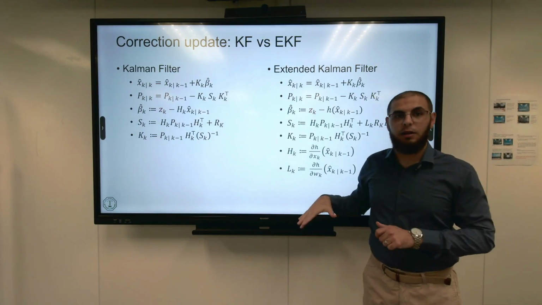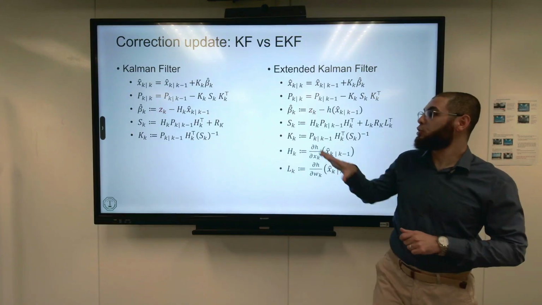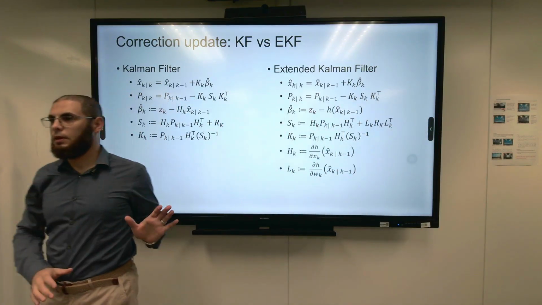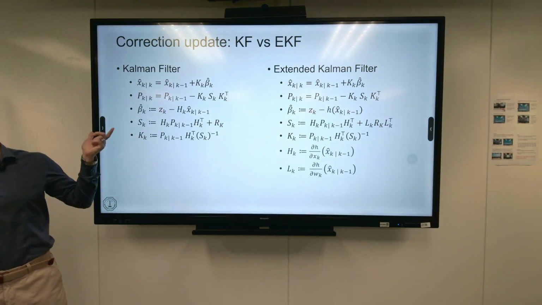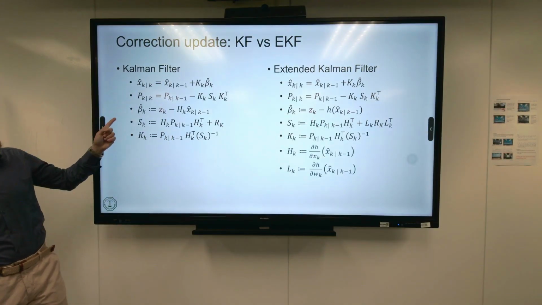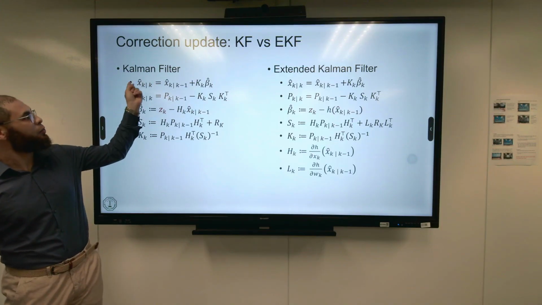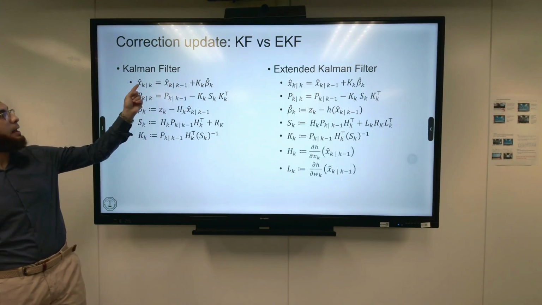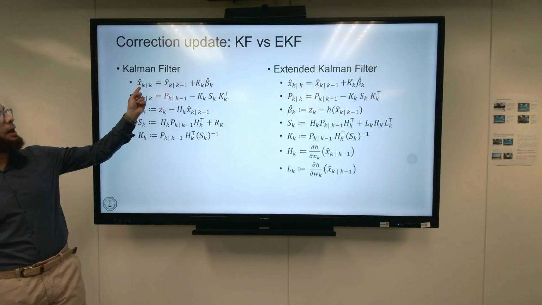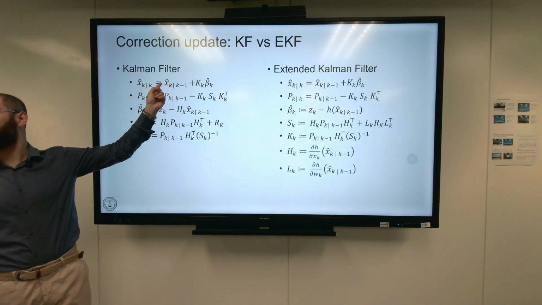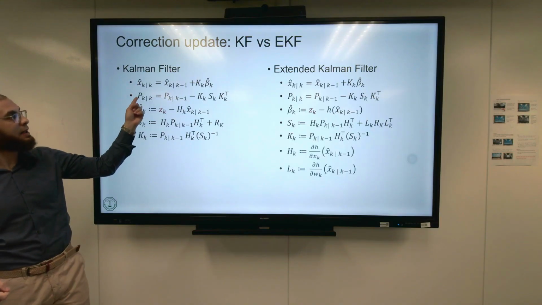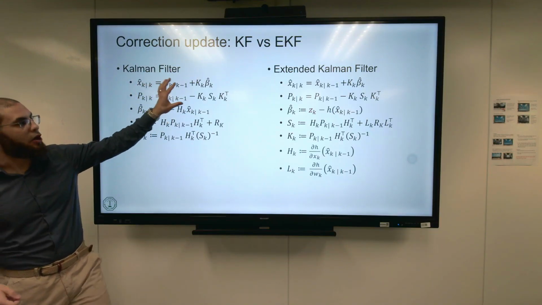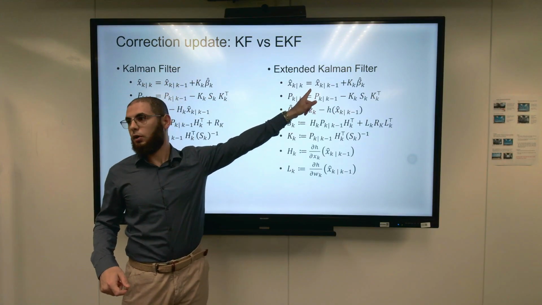The correction step is also very similar to the standard Kalman filter. To remind you of the standard Kalman filter, we computed the new update of the mean and the covariance by these two equations, and they are exactly the same.